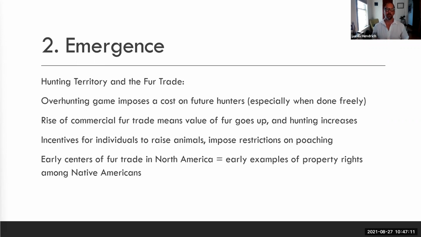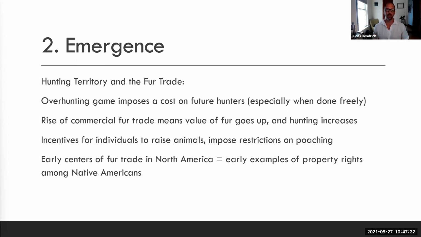But the bad externality in this case would be the cost of overhunting, for example. Obviously the value of fur goes up, so there's more incentive to hunt, and then incentive for individuals to raise their own animals to then hunt.